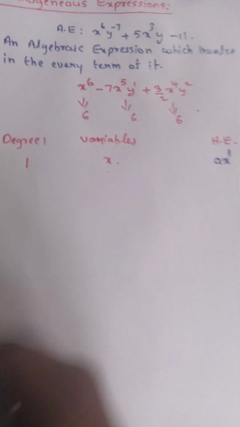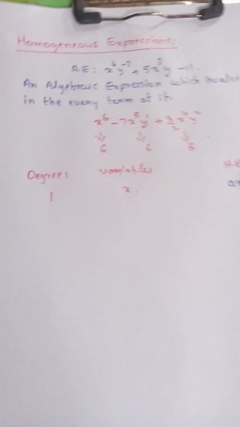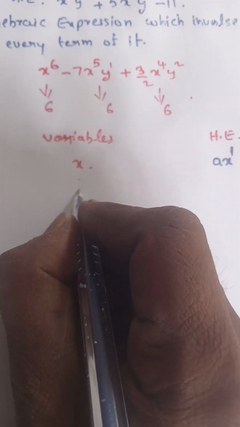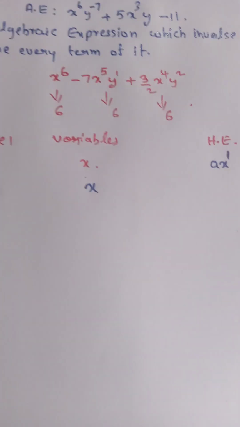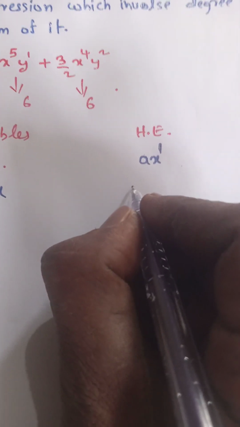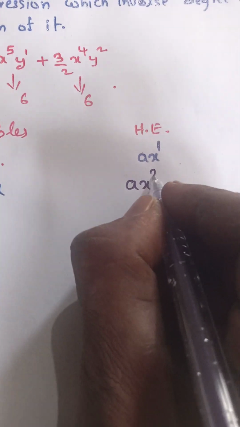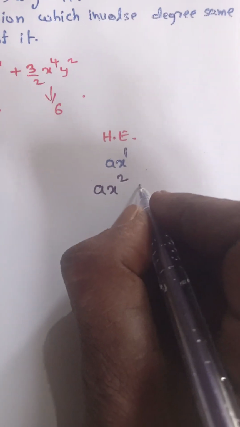In the same way, I want to write the second degree homogeneous expression in the single variable x only. How do you write its general form? You have to take the highest power 2 in every term, like ax square.